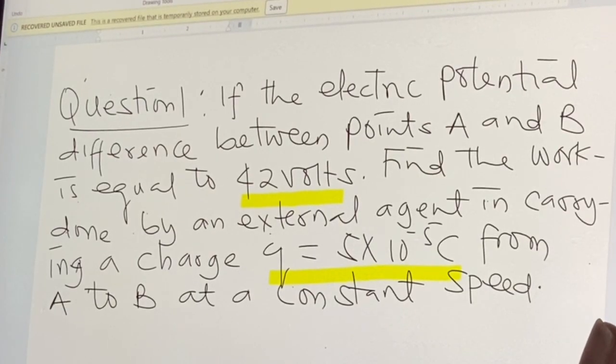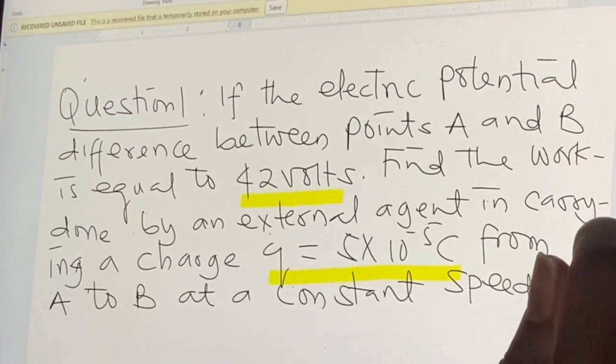But before we solve this here, we have to represent the electric potential difference relating work done.